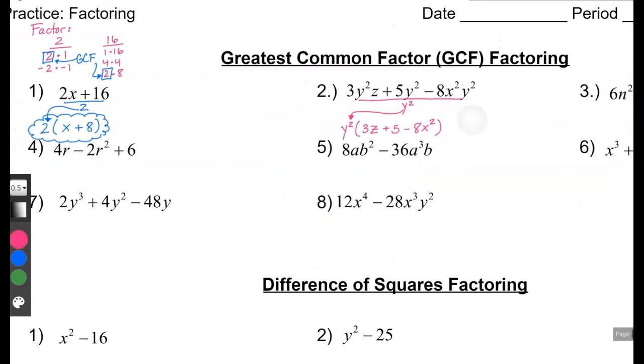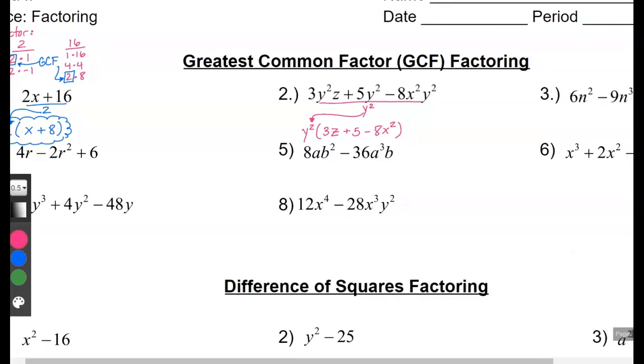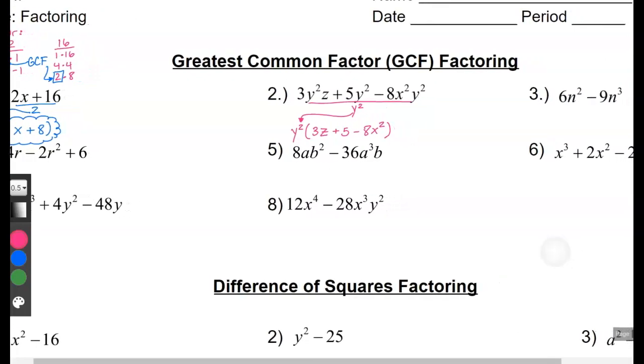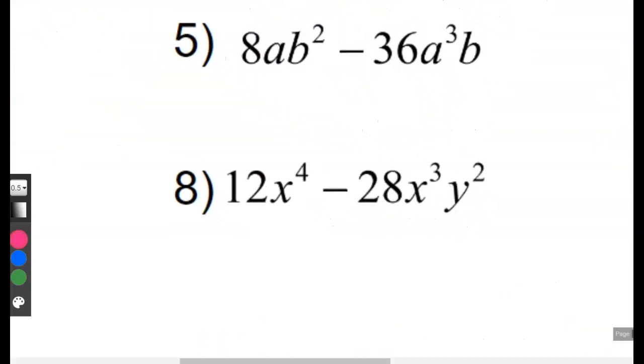Now, which ones do I want you to try? Let me do number 5 with you, and then I'm going to have you guys do 3, 4, and 6. But I'll do number 5 right now.